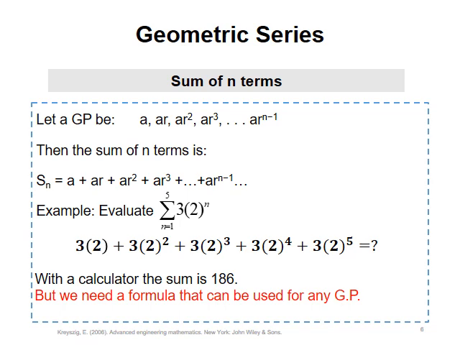If we want to sum a geometric progression, then we will add the items: first item, second item, third, and so on. As an example here, evaluate, let me say, the geometric progression from item number 1 to item number 5, the sum of 3 times 2 to power n.